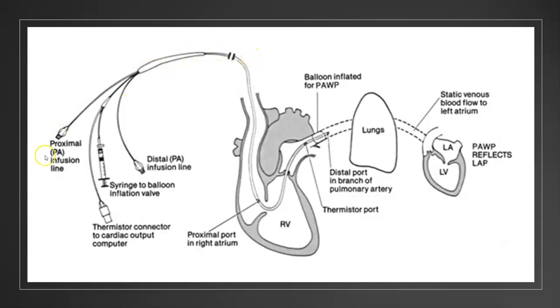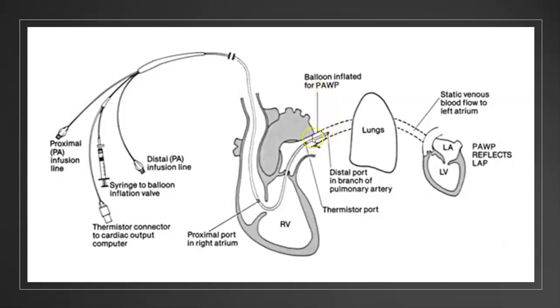Alright, so this is just a picture of how that PA catheter sits in the heart. We see it's floated in through the right atrium, right ventricle, up, and then out. So it sits right here. And then that balloon is inflated right here, and that is where we get our wedge pressure from.